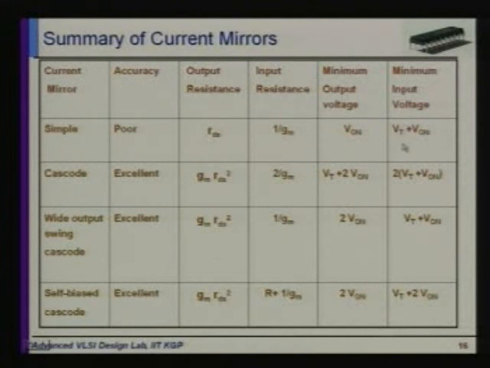For the simple, it is Vt plus V1, that is VGS, and for the cascode source, it is 2 Vt plus V1. But in these two cases, see how the minimum input and output voltages are minimized. This is the main thing to get higher accuracy if you want to use this type of current mirror as a biasing current source. Okay, it's over.